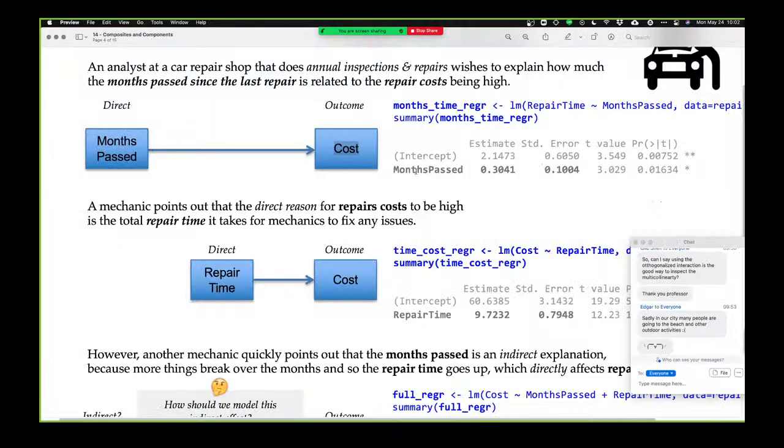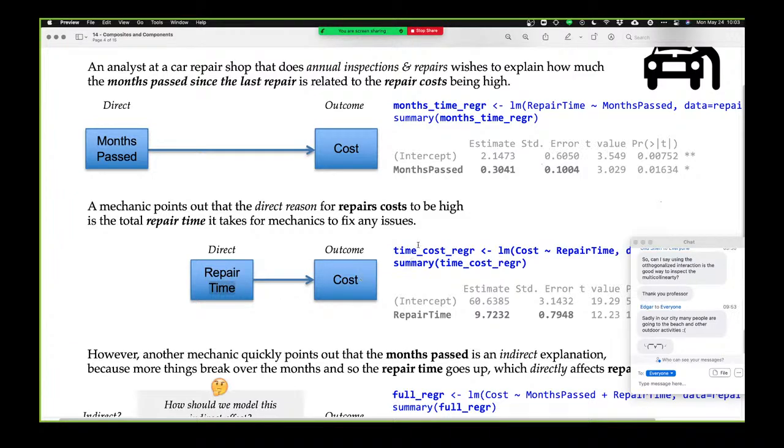All right. So there's two stories here. One is that it's been a lot of months that you've gone by, so the cost has gone up. But why has the cost gone up? Well, maybe the more direct reason, and a mechanic points out that the direct reason for the cost to go up is that it takes more time to inspect and repair the car if you've been gone for a long time.